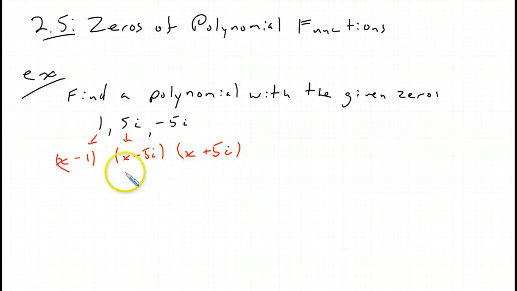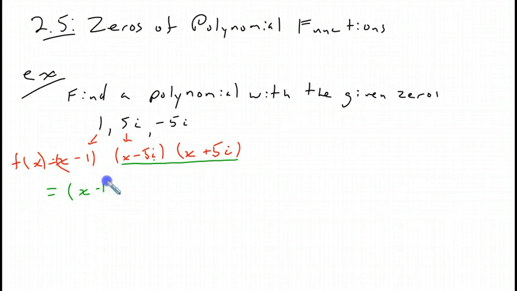So in order to get a polynomial with that, I can just multiply these three things together and see what the polynomial is. I will tell you though that first it is easier to multiply these two out because in the end we will get rid of the i's. So I'm just going to leave this x minus 1 right in front, and I will FOIL these guys. So I'll have x squared plus 5ix minus 5ix, so that'll go away.